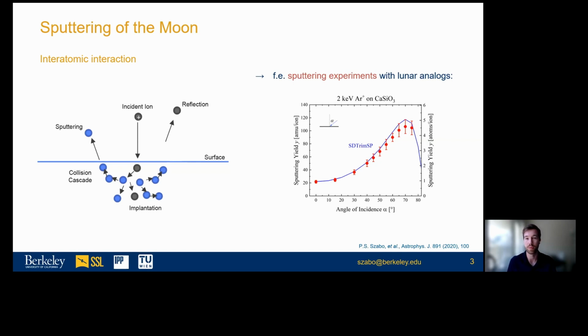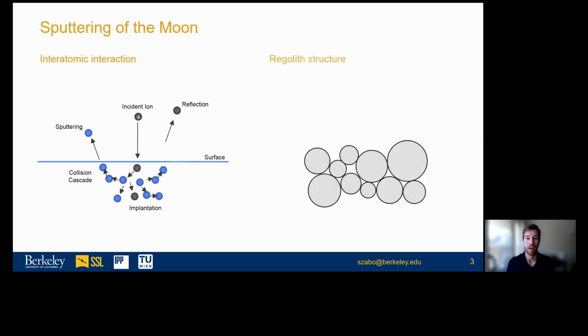However, most of the lab experiments come with limitations in the sense that it is very difficult to fully reproduce all of the surface features that make up the lunar regolith. And a very important one is the regolith structure, in the sense that we have a stacking of grains that form the porous upper layer of the lunar regolith.